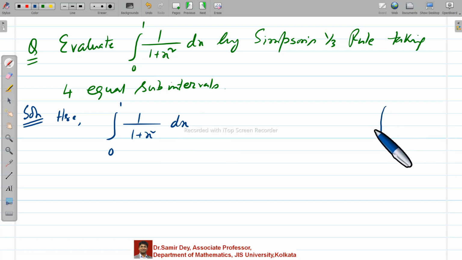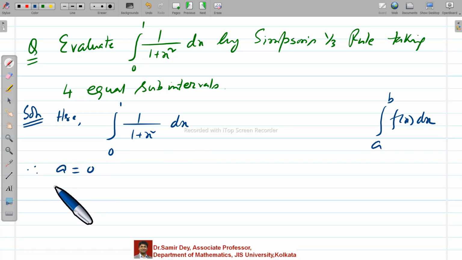On the extreme right you write down your general formula, the integral from a to b of f(x) dx. Clear? Now we can write down, what is your a? So please write down a is equal to 0. What is your b? B is equal to the upper limit, that is 1. So here the number of subintervals is given, n is equal to 4.